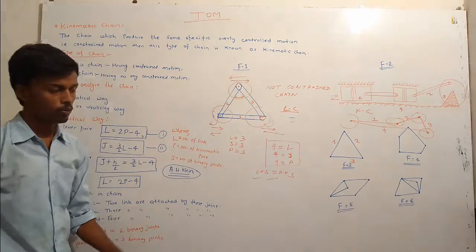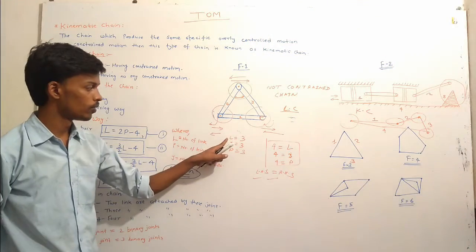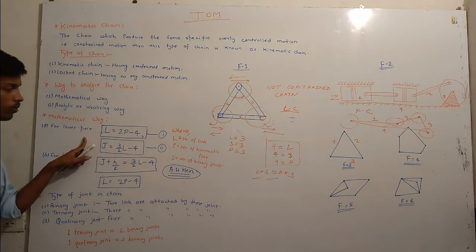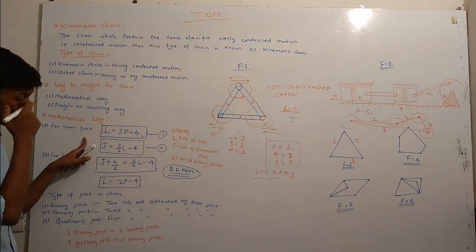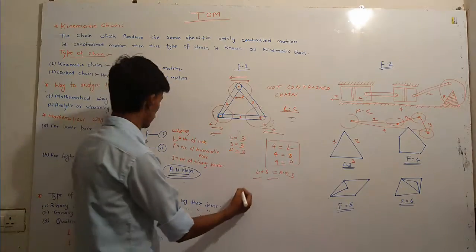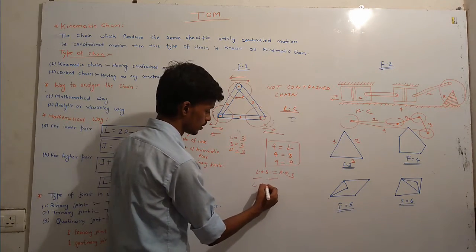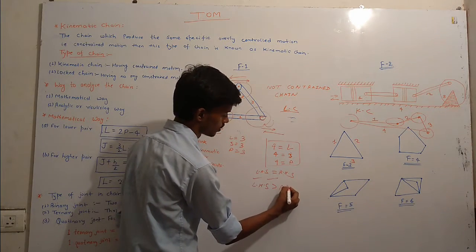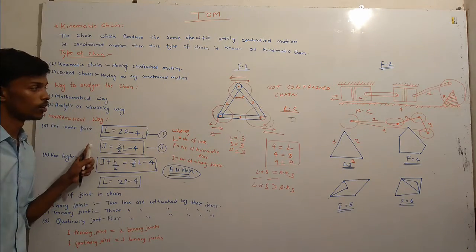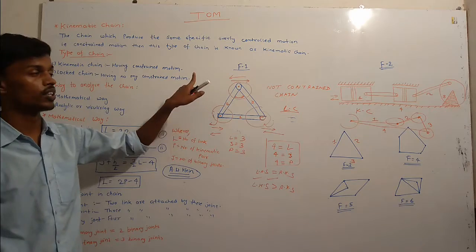If we put the J and P values in equation number 1 and 2, then we get LHS greater than RHS. So it is not satisfying equation number 1 and 2, hence it is not a kinematic chain, it is a lock chain.